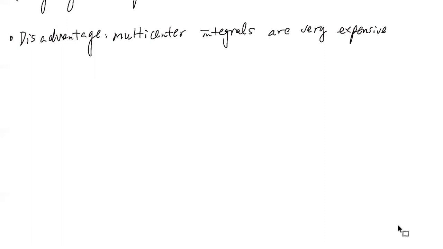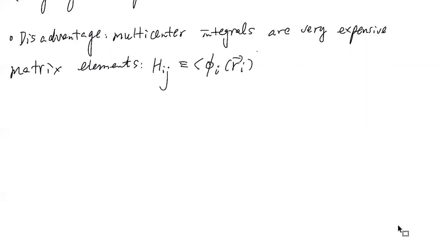And the matrix element, if you remember our previous matrix mechanics, the matrix element, say Hij, is this integral, phi_i(R_i) H phi_j(R_j).